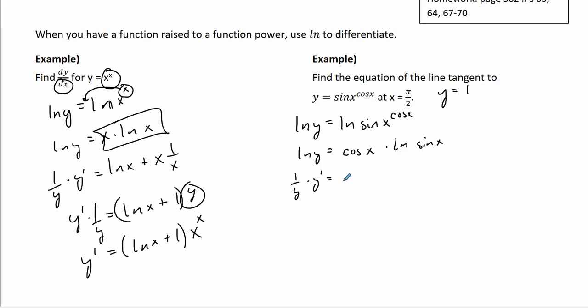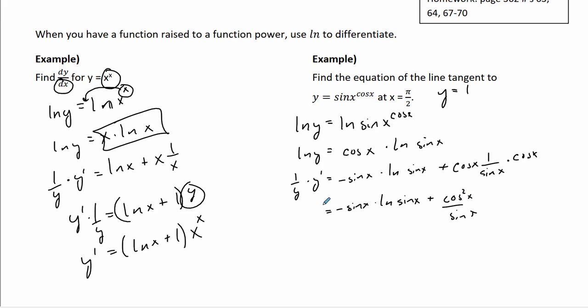So the derivative of the first one, negative sine of x times the ln of sine x, plus cosine x times the derivative of this, which is 1 over the expression times the derivative of that expression, which is cosine of x. Let's see if I can clean this up a little bit: negative sine x times the ln of sine x plus cosine squared x over sine x, and that's equal to 1 over y times y prime.